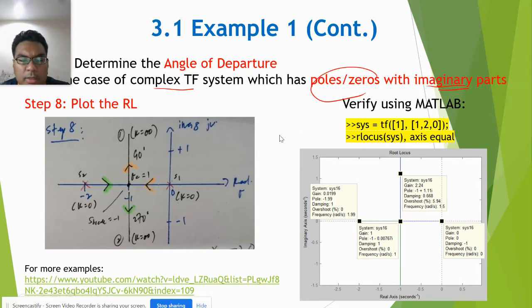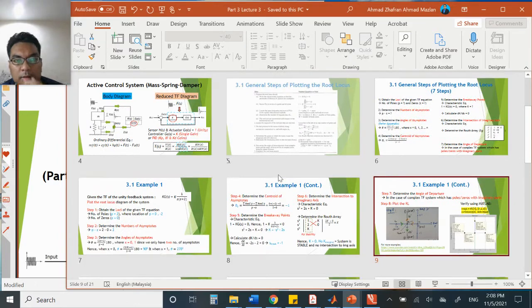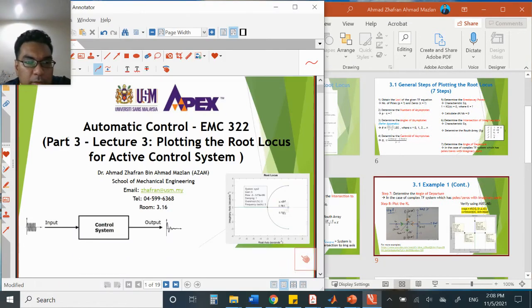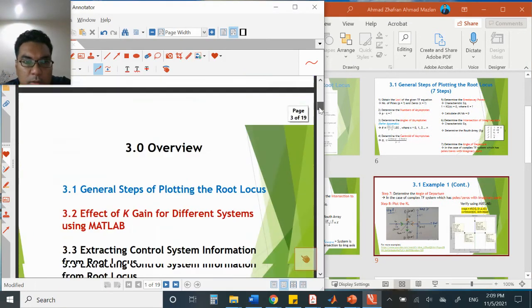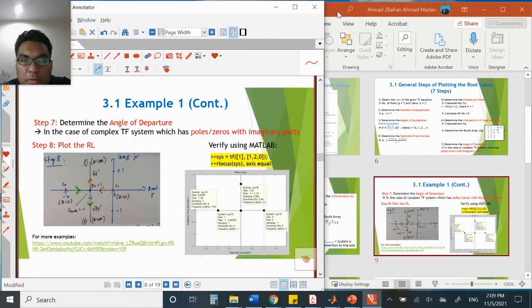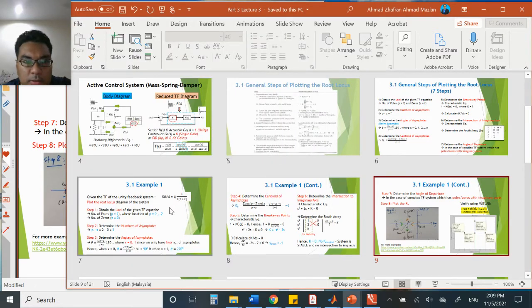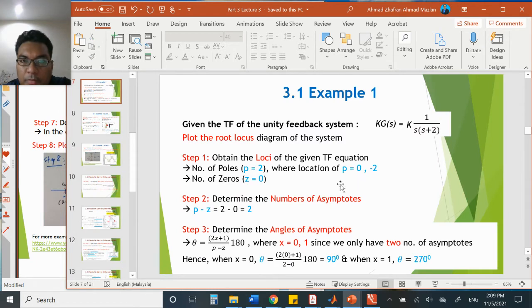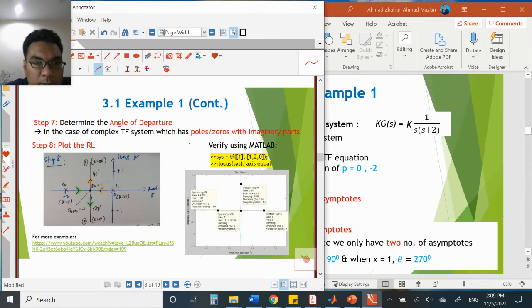Maybe you can see here, I can show you. From the information that you got previously, step by step, first you already obtained the loci, which has two poles, with positions 0 and -2.